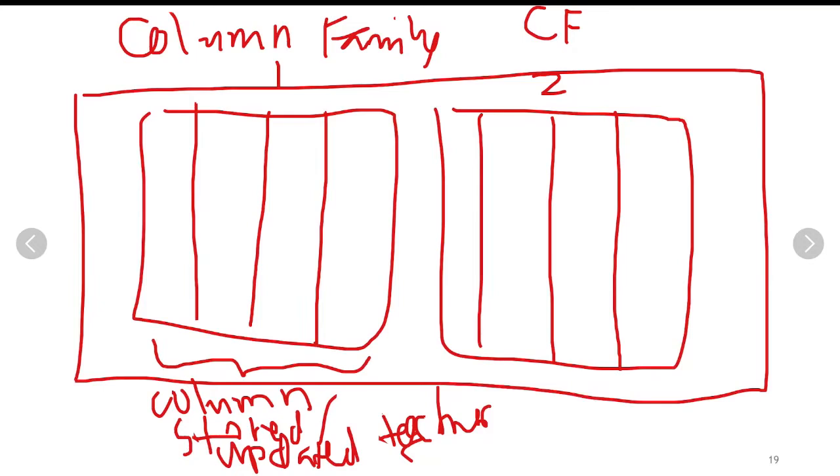Okay, so you imagine you have 4 columns here, and then you separate those 4 columns into 2 column families, number 1 and number 2, and each family is clustered or separated by having the columns that you are going to update together.